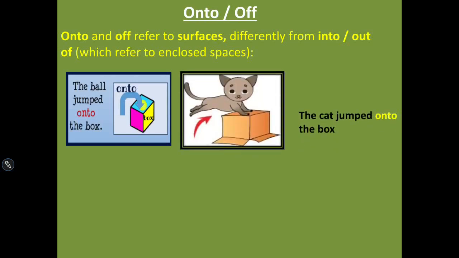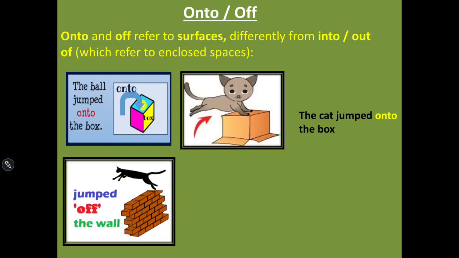Here you can see that there is a cat and a box. The open side of the box is upside down and the bottom of the box is on top, and the cat jumped on it. So what can we say? The cat jumped onto the box.